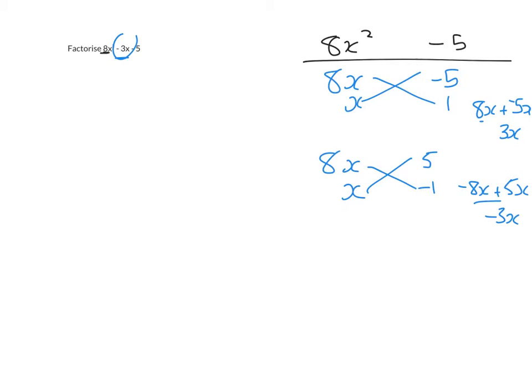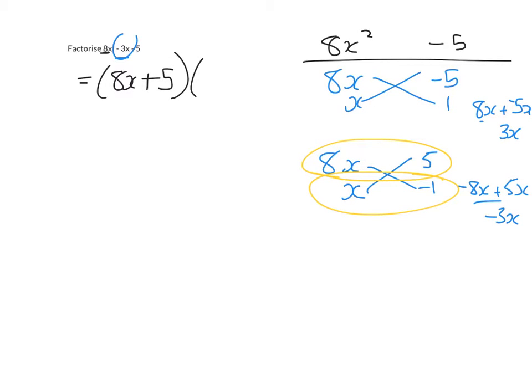So that tells us that there's our two brackets. So the answer to this will be 8x plus 5 and x minus 1.